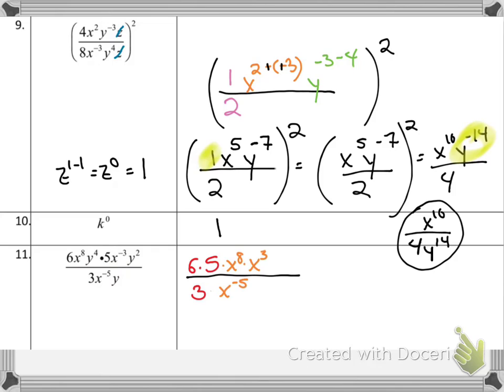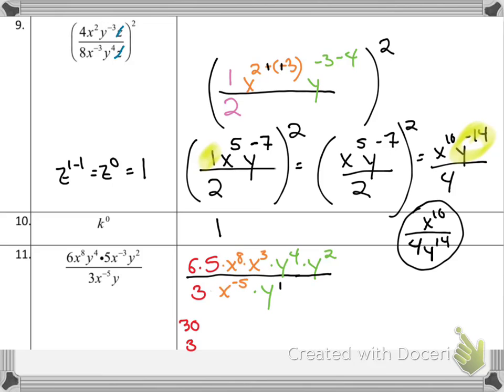Let's keep going. And so now we can look at our y's. We have a y to the 4th power. We have a y squared. And then downstairs, we just have a single y. Or, if it makes you happy, you can remember that it's actually y to the 1st power. So the first thing I want to simplify is the actual constants. So 6 times 5 is 30.